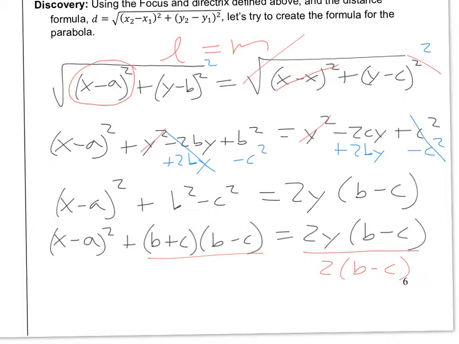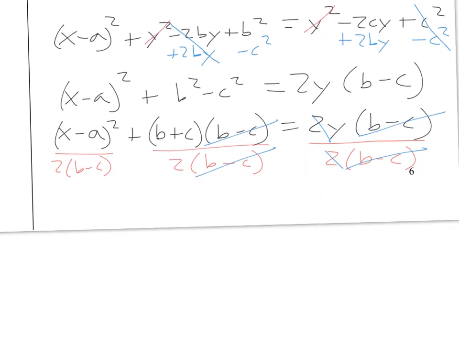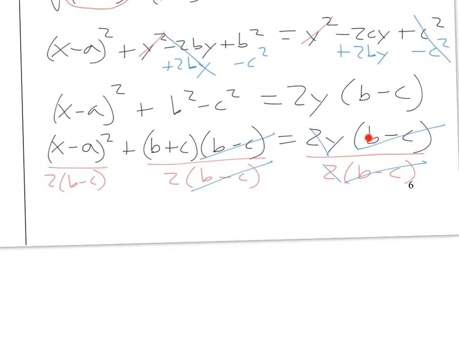And I could do it as one big fraction, or I could break it up and do it as two fractions. I'm going to break it up and do it as two fractions. Because b minus c cancels out, 2 and 2 cancel out, b minus c and b minus c cancels out, and so here's what I have left. I'm going to rewrite it so the y is actually in the front, because over here all I have is the y.